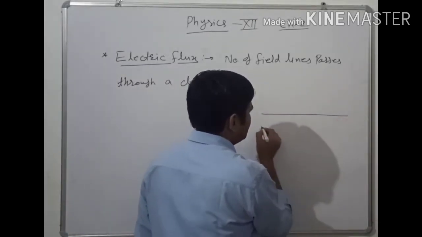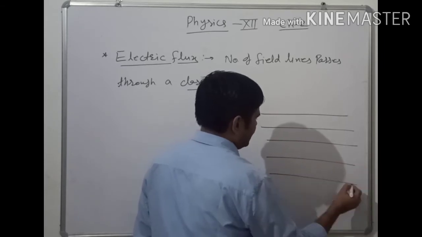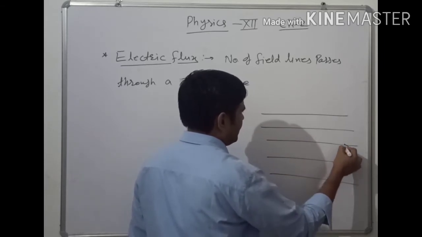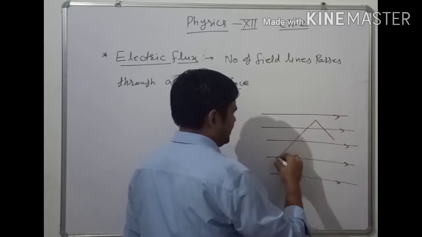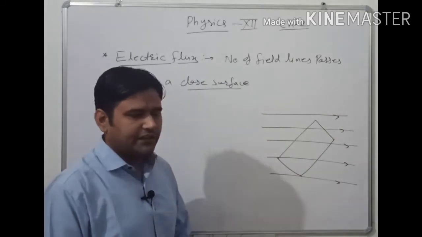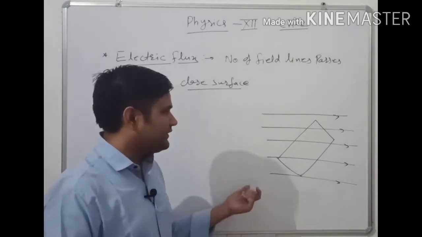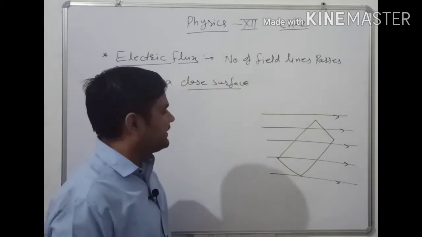Like suppose it is to be the electric field, these are the electric field lines. Here we are just to be considering a particular shape, like it is to be a closed surface, and we are calculating the electric field number of field lines or the electric flux here.